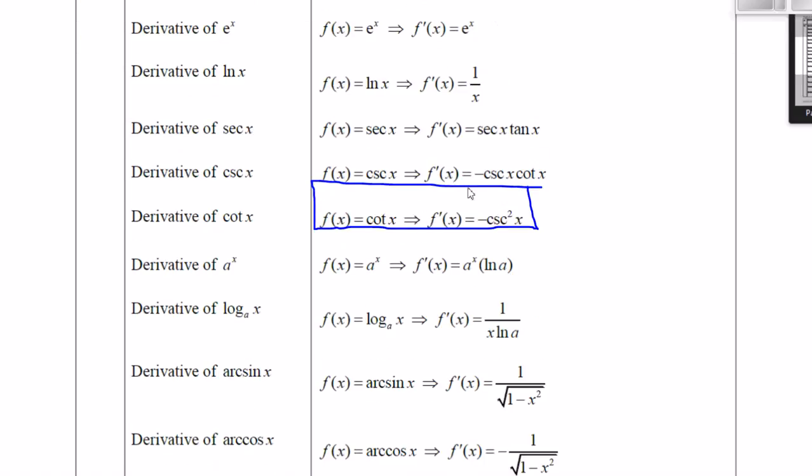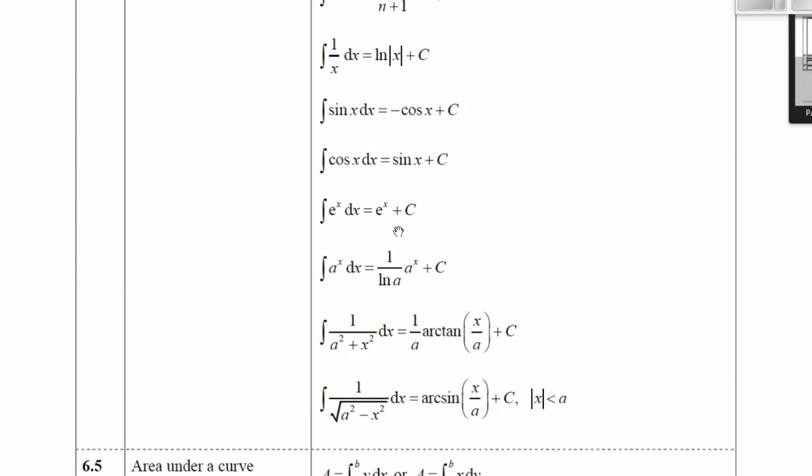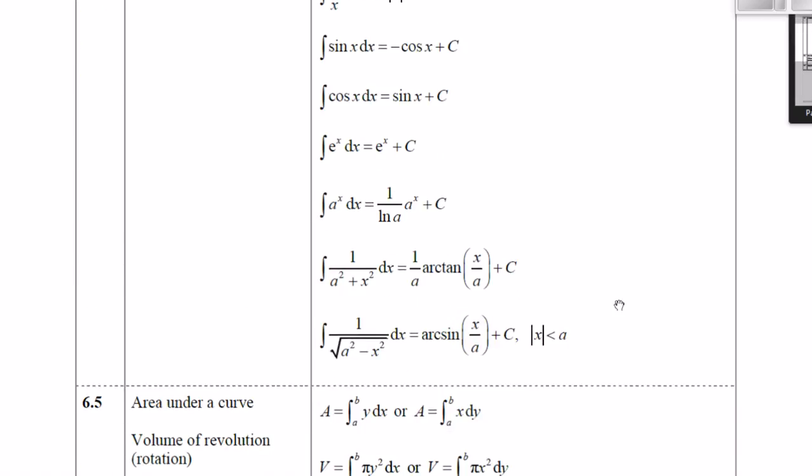So if you go to the integral of a to power x, of course our a here is 2. If you look at the integral of a to power x, you end up with 1 over ln a times a to power x plus c. So we are going to use that. Our a here is 2.